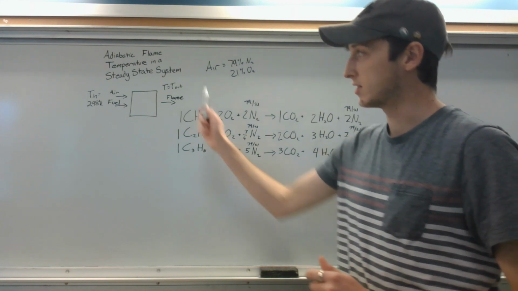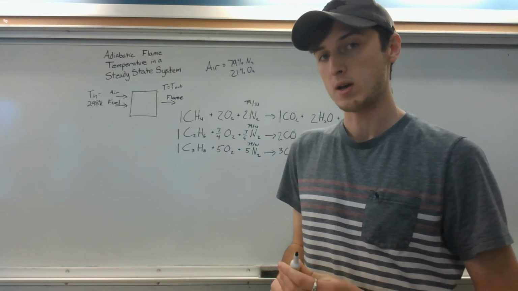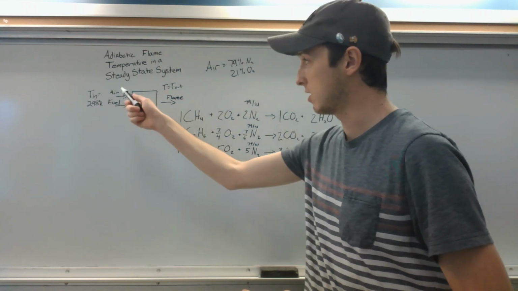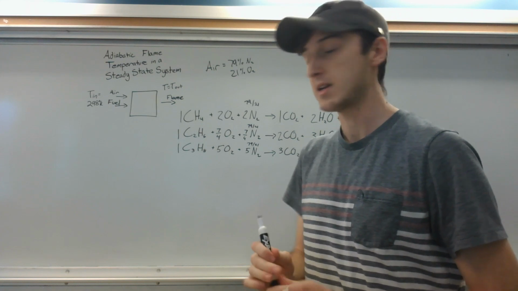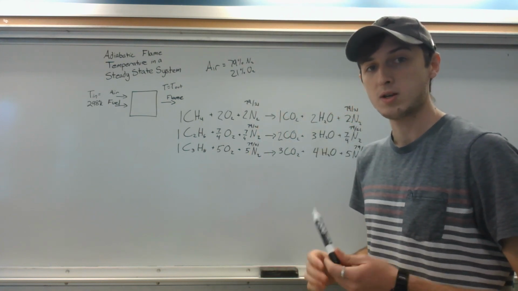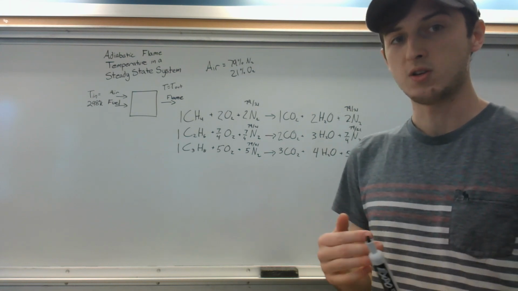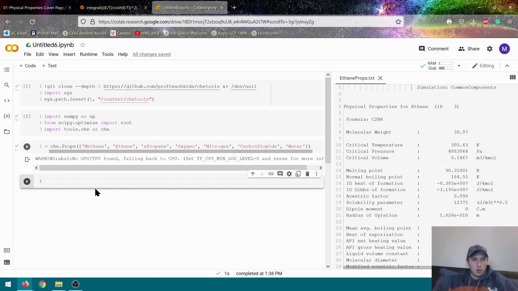Our expected T out is going to be much less than what we originally expected. There's still going to be an increase between T in and T out, but because the nitrogen component also will need to be heated in this process, there's going to be a large energy loss due to specifically heating that nitrogen.